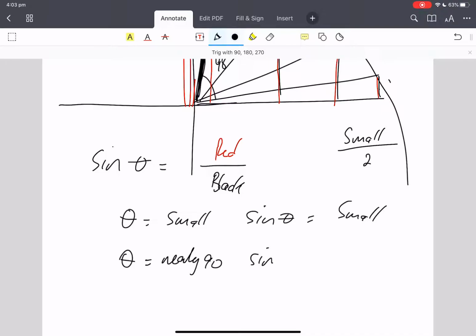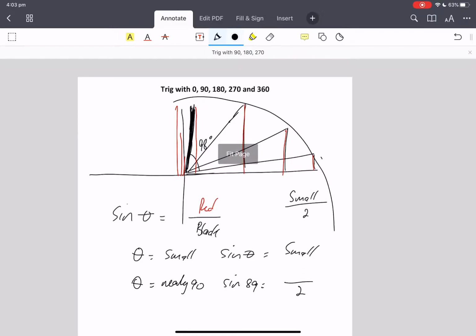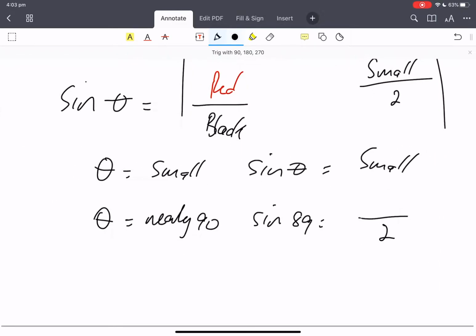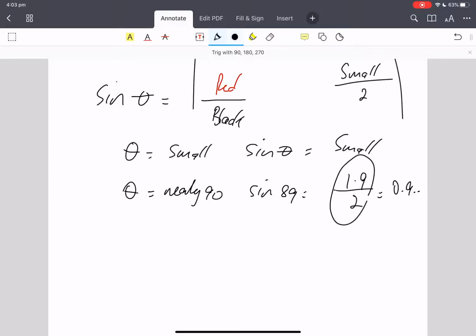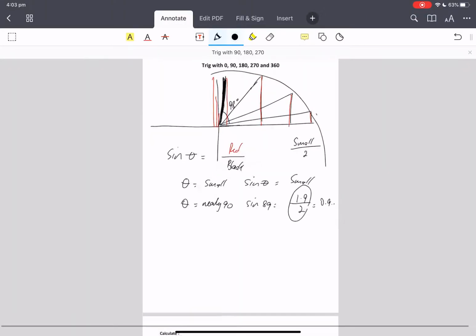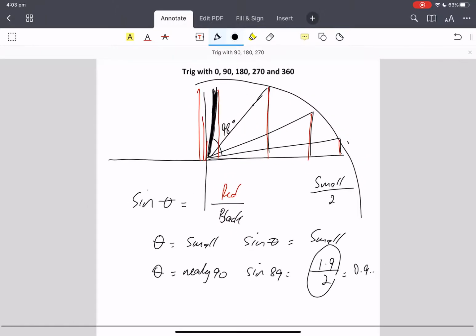So sine of nearly 90 must be something very close to 2 divided by 2, because my terminal ray is still 2, that's my hypotenuse, and my red line is very close to 2. So that answer is 0.9 something. It's close to 1, isn't it? That's what we're thinking about with sine, cos, and these exact values: the ratio of those side lengths.